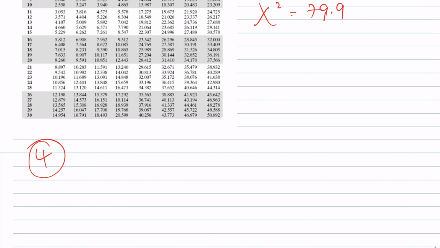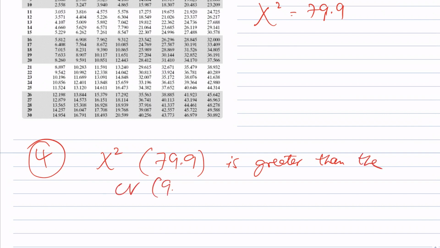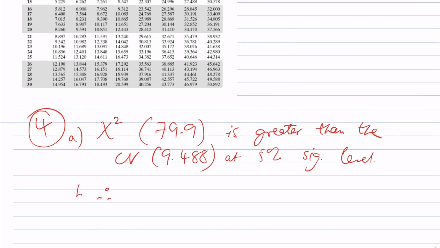Step 4 is all about saying that yes, in this case the chi-squared value of 79.9 is greater than the critical value at the 5% significance level. Therefore, what does this actually mean?